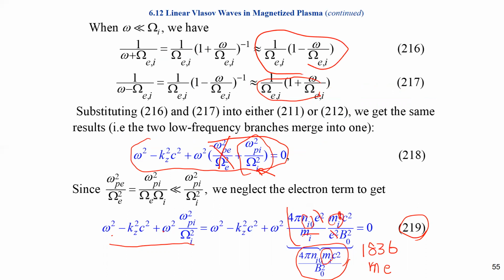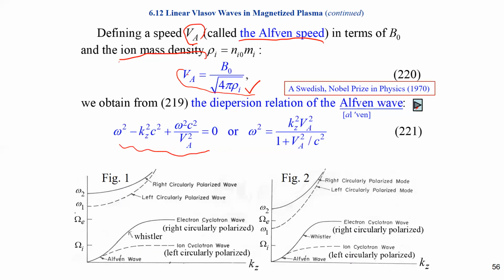So we have only one rho I here: 4 pi rho I c squared over B0 squared. So we define VA squared as B0 squared over 4 pi rho I. Okay, we can group the omega squared.